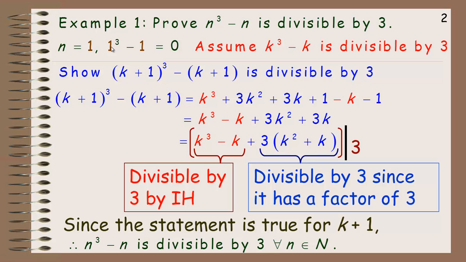And if it's true for 2, it's automatically true for 3. And if it's true for 3, it's automatically true for 4. And you keep on going forever, which takes care of the entire set of natural numbers. That's how that mathematical induction idea works.